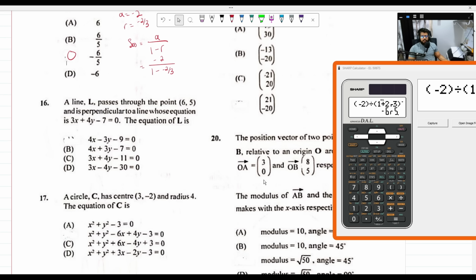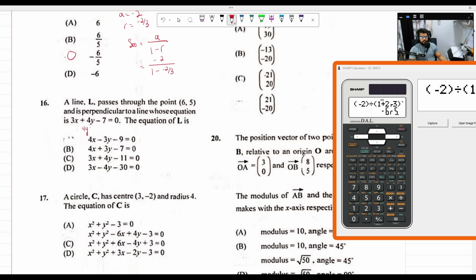A line L passes through the point 6, 5 and is perpendicular to a line whose equation is 3x plus 4y equals 7. The equation of L is, okay, nice question. First let's get the gradient of this line, and then we'll get the gradient of L, which is perpendicular to this line. I'm not focusing on the 7 at all. That is a non-issue for me when I'm trying to grab the gradient.